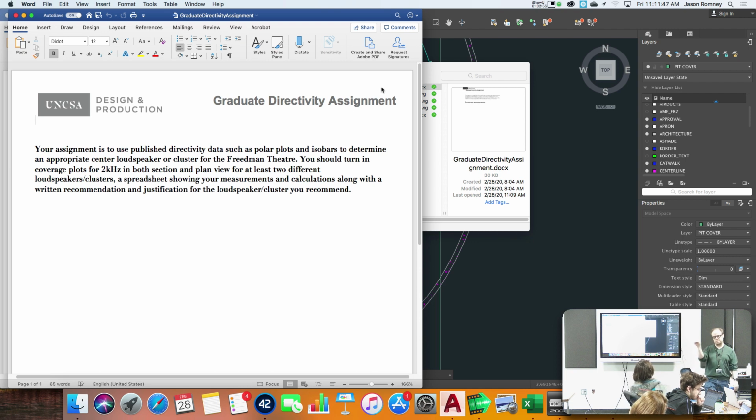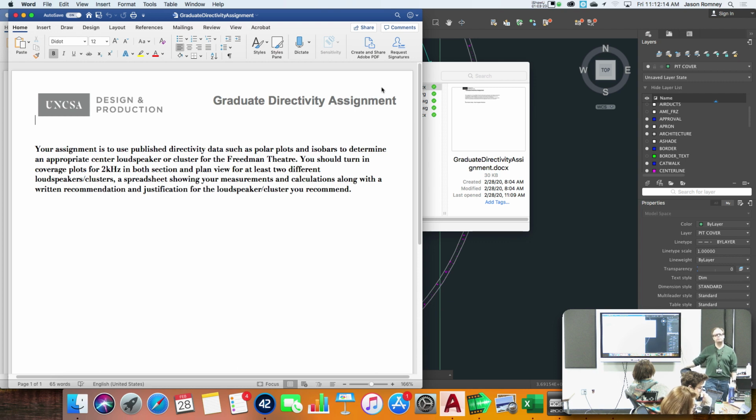Another question was, we chose to do 1 kilohertz today, right? Maybe I just missed the reasoning as to why we did that? Generally, there's not a whole lot of productive work that can be done with this below 1 kilohertz, because very few loudspeakers are very directional below 1 kilohertz.